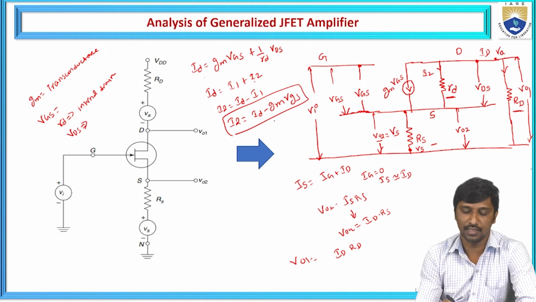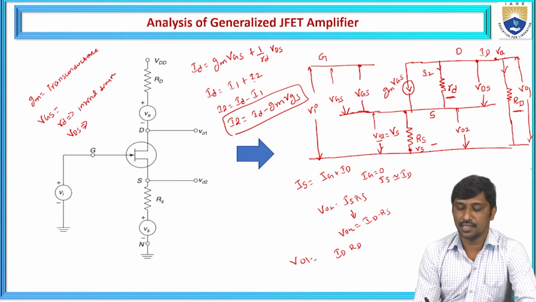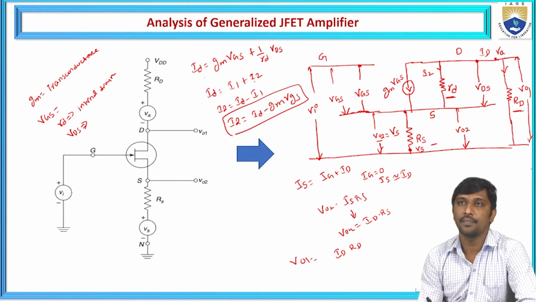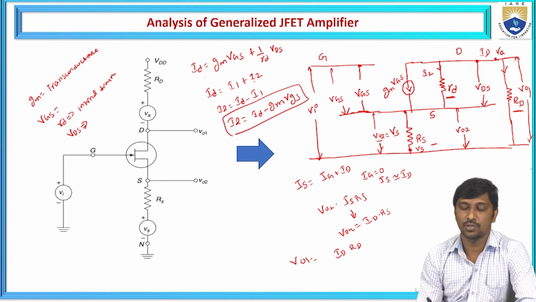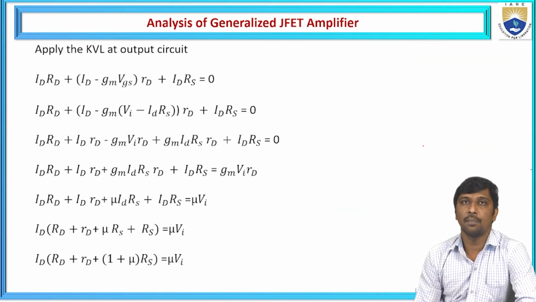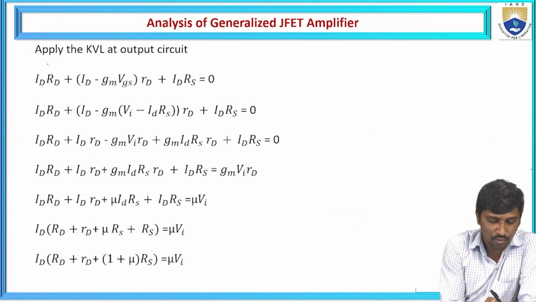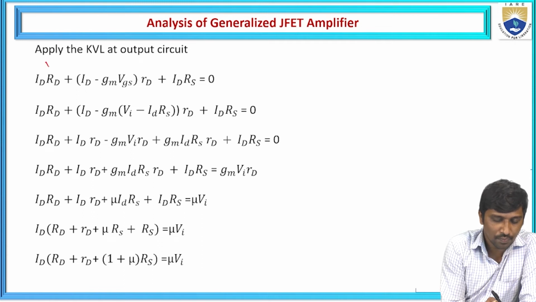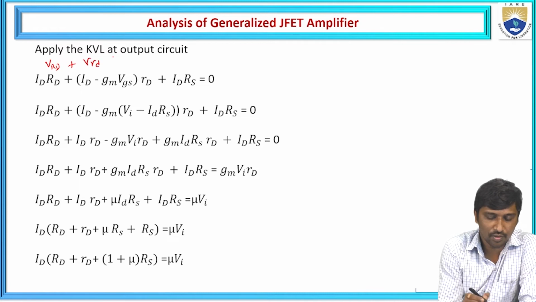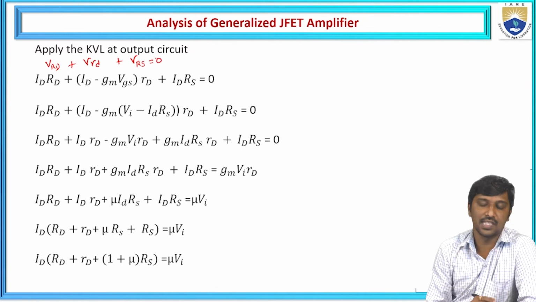That I2 is nothing but ID minus gm times VGS, flowing through the internal drain resistance, small rd. Then we need to calculate how much voltage drop appears across the source resistance RS, that is VS. Hence, to apply KVL, we write the voltage drop across capital RD plus the voltage drop across small rd plus the voltage drop across RS is equal to 0.